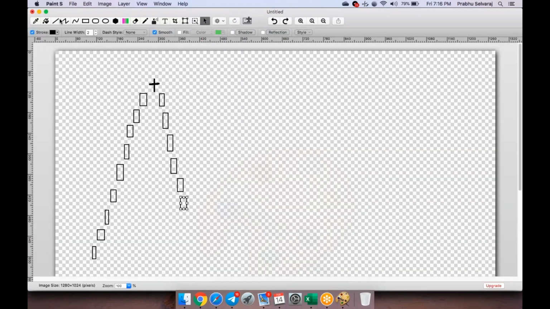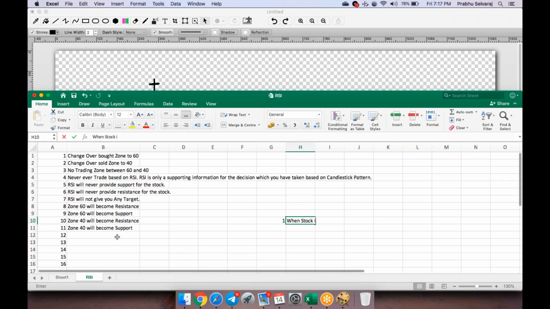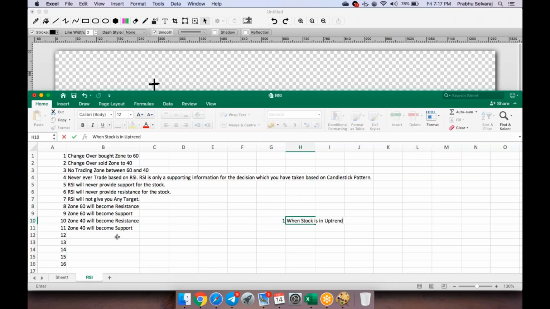Now, RSI is 60 and we'll take this as 40. Now we're down to RSI levels 60 and 40. This is your 60, this is your 40. So how does this RSI travel? When the stock is in uptrend, RSI will also be in uptrend.